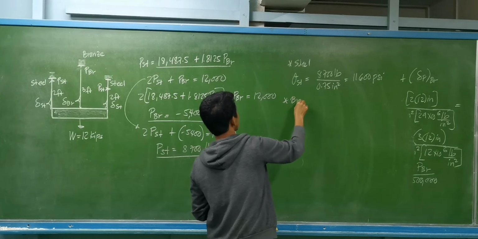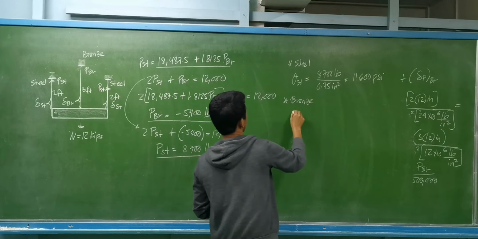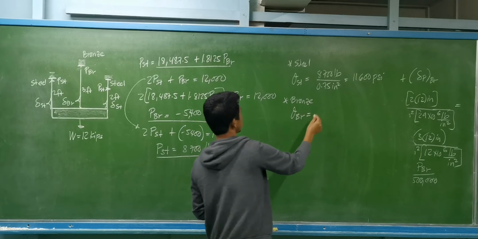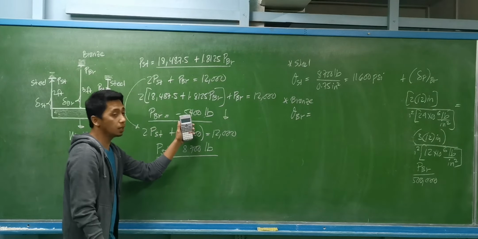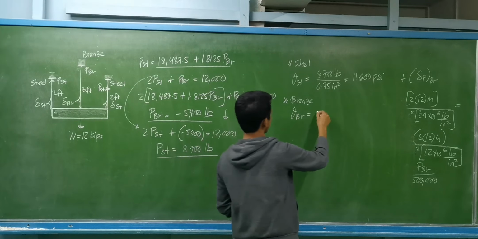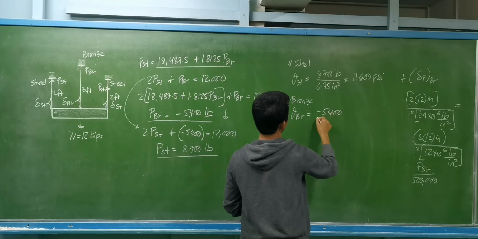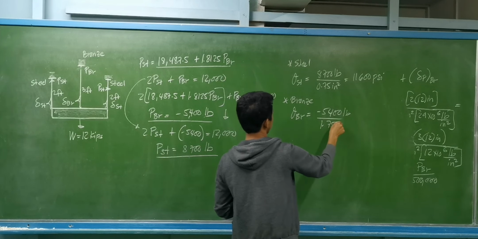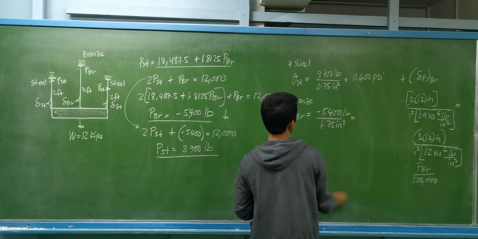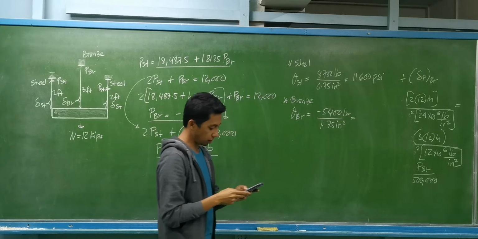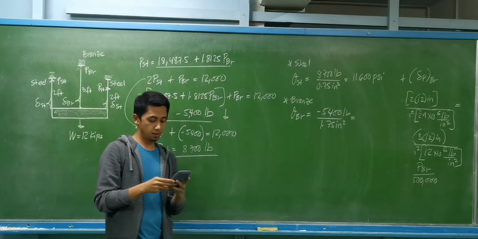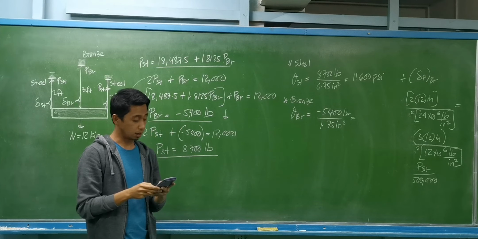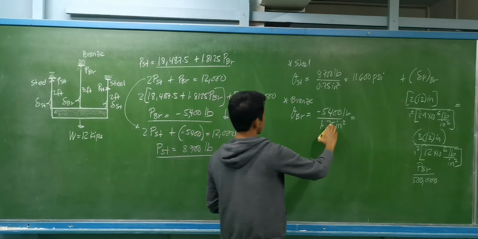Then for the bronze, we have the stress for the bronze rod equal to, we have a compressive force, negative 5,400 divided by the cross-sectional area, 1.75 square inches. Actually, I think it's 1.5, not 1.75.